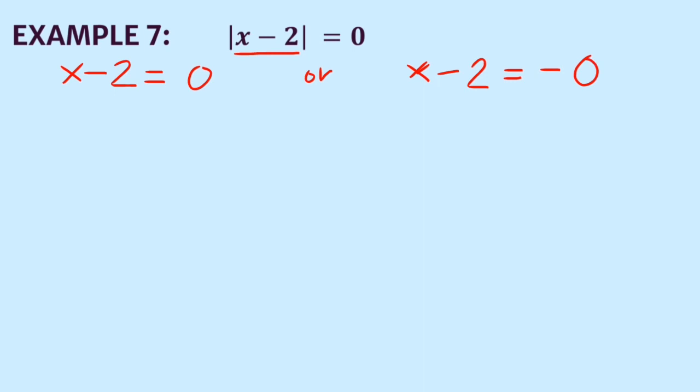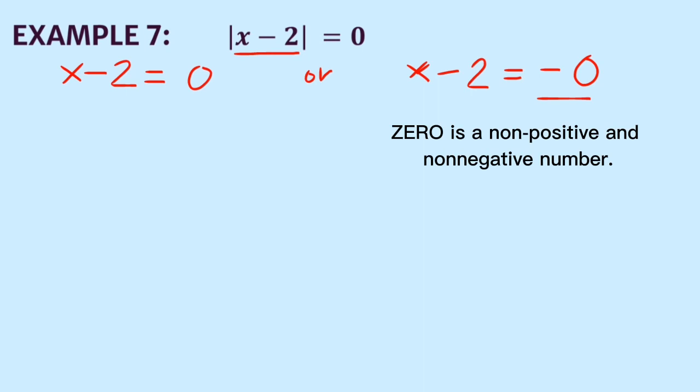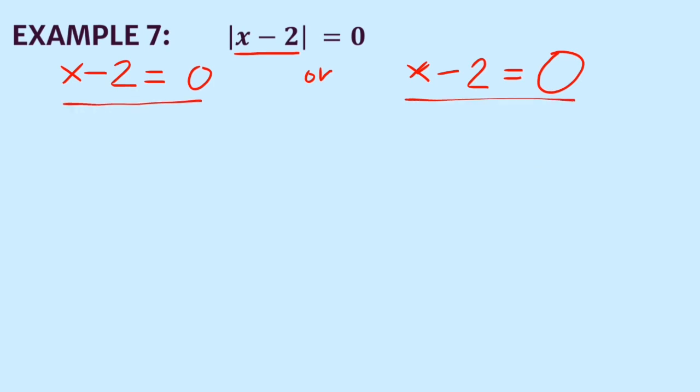Do we really have to put negative 0? There's no such thing as negative 0 actually, class. So, you simply put 0 here. So for statements 1 and 2, they're both the same, right? Okay, so let's solve for this one.